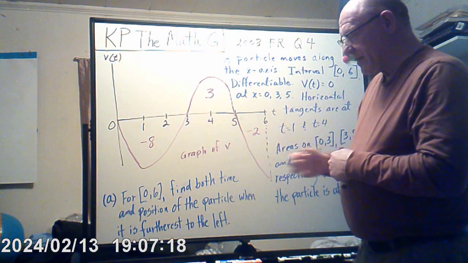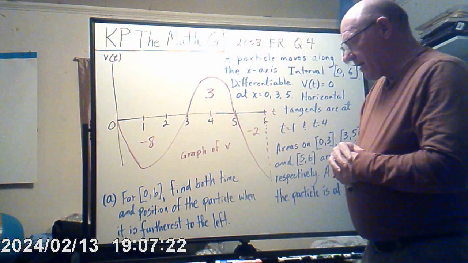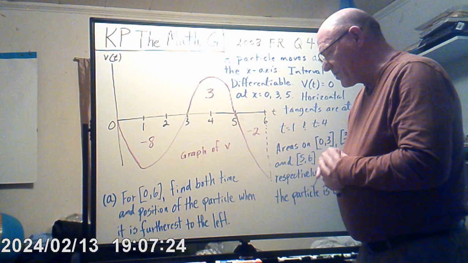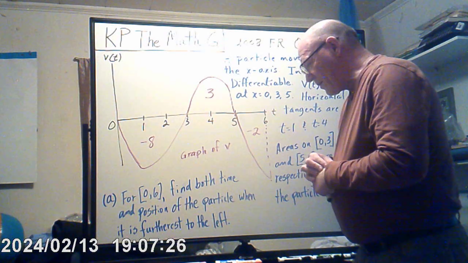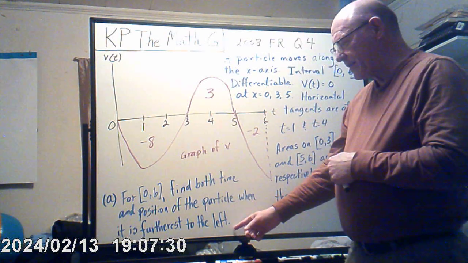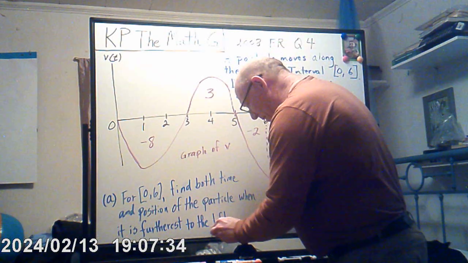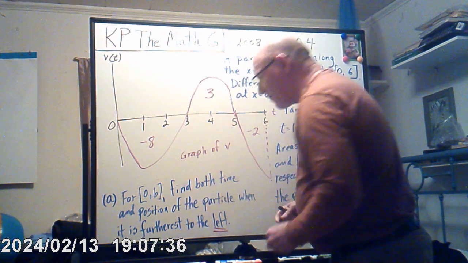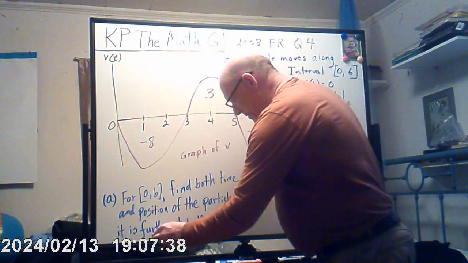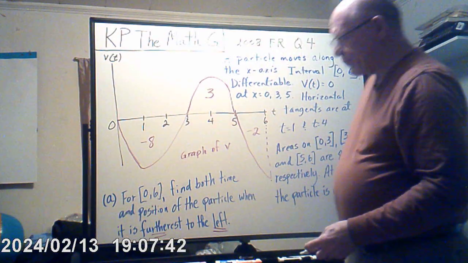In this particular case, for this closed interval from 0 to 6, find both time and position of the particle when the particle is furthest to the left. That is the key here, furthest to the left. So let's think about this.